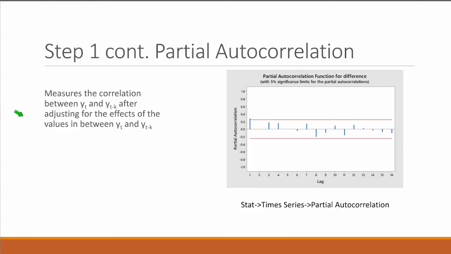That's why it's called partial. We want to look at the correlation between the current period and k periods prior, but at the same time tease out all the autocorrelation between the current period and the periods in between these two.